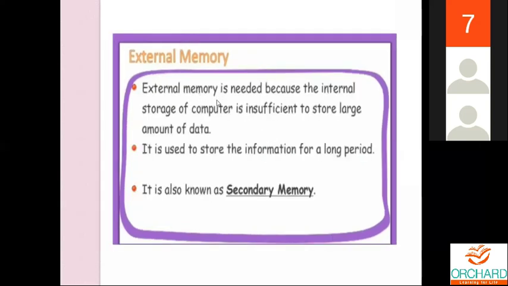See, external memory is needed because the internal storage of the computer is insufficient to store a large amount of data. In the primary memory, you will have a certain amount of memory only. That is an inbuilt memory. That is used to store a small amount of data only.